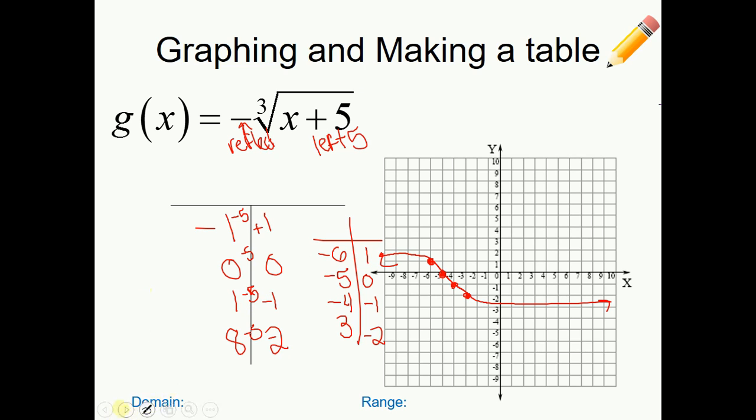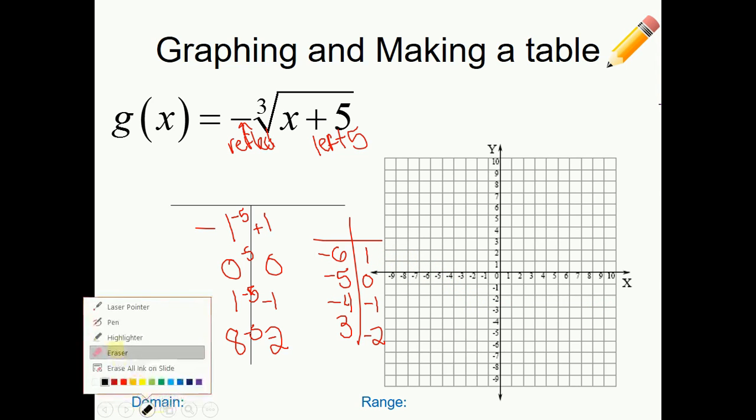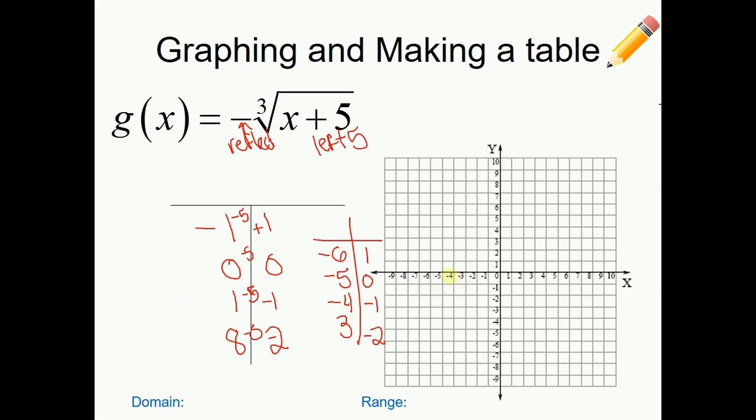Oh, whoa. I really messed up there. Let's fix that. Okay, -6, 1, -5, 0, -4, -1, and 3, -2. It just didn't look right. There we go. Because you should always have that one point that goes all the way out. So that should be my graph.